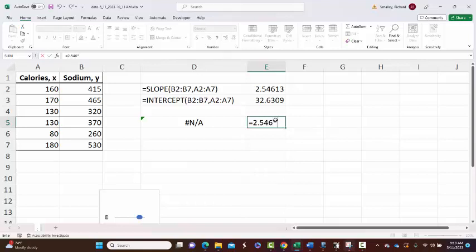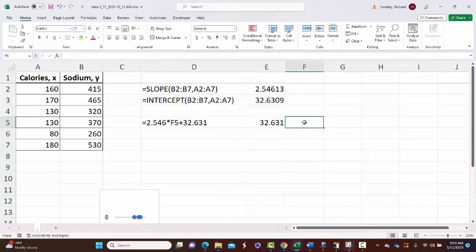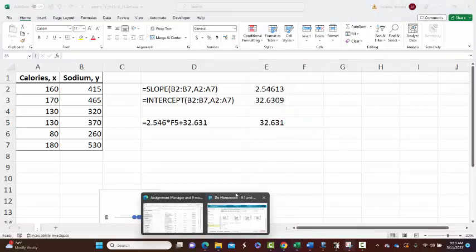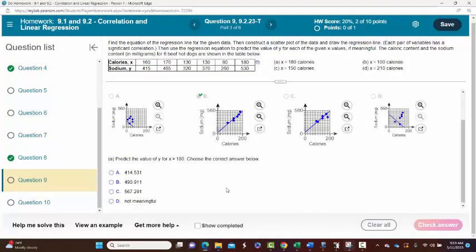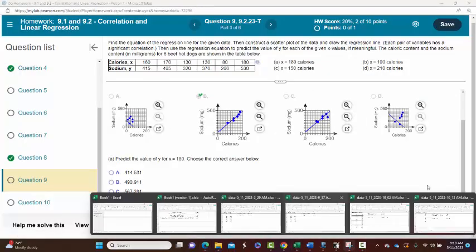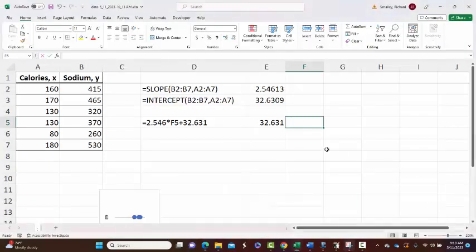The other one I put the intercept first, but as long as the slope is attached to your value, that's F5, plus 32.631. So I come over to F5 and put in my three different values. 180 gives 490.911.